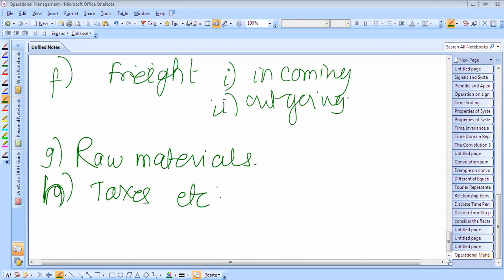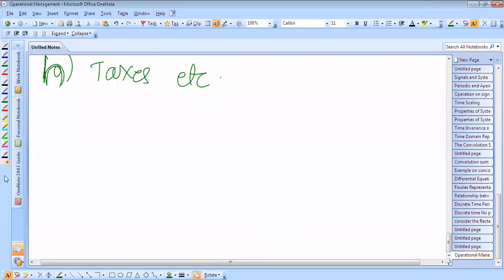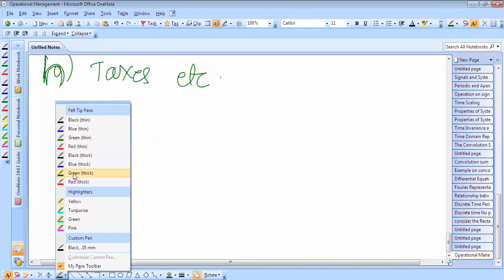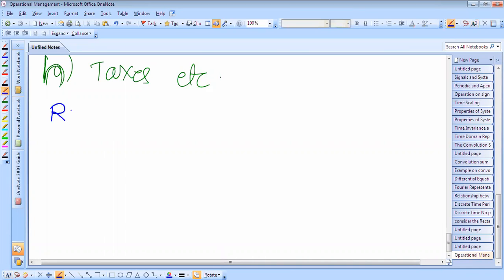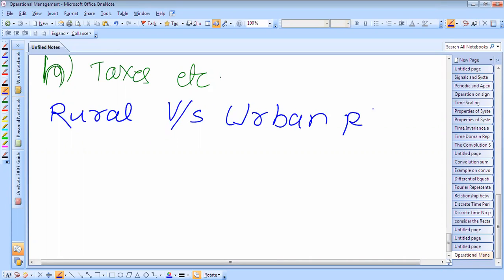So next is rural versus urban plant sites. Okay, so selecting the plant site in a city.